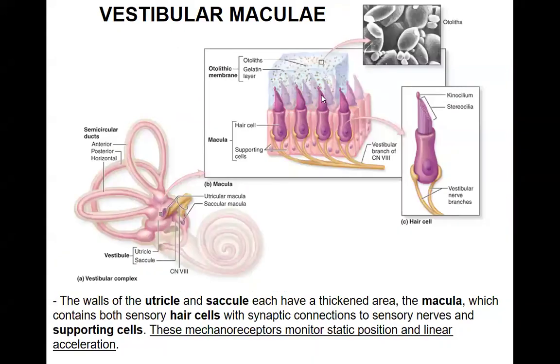So these are the hair cells. These neuroepithelial cells, the sensors of motion, are called hair cells because of the stereocilia and the kinocilium, which stick out like hair.